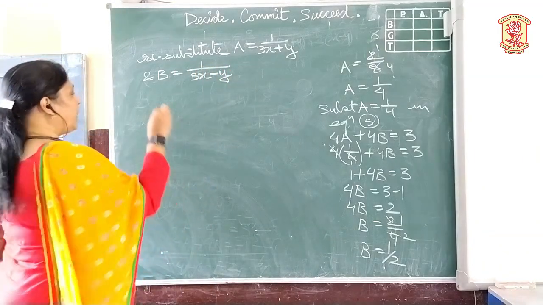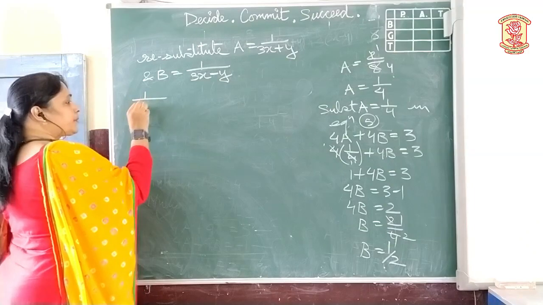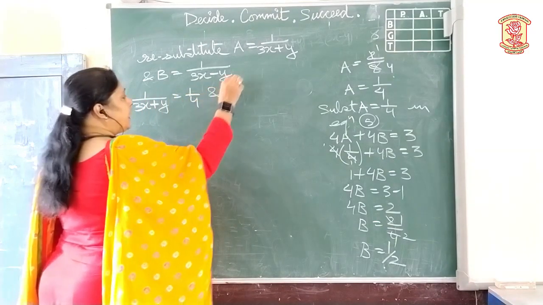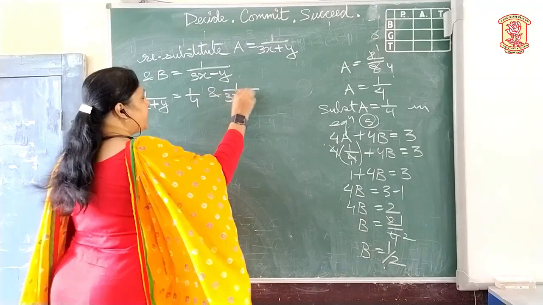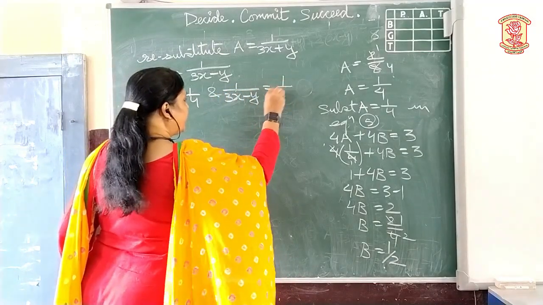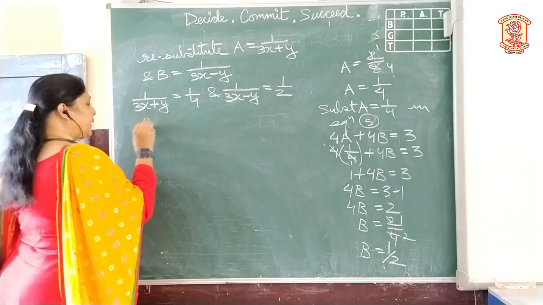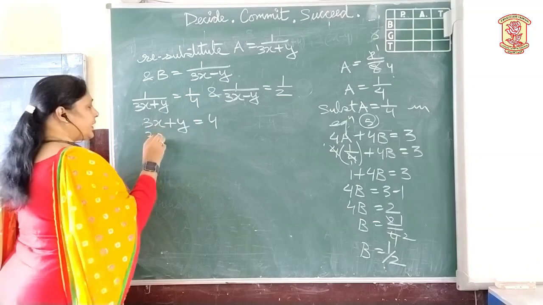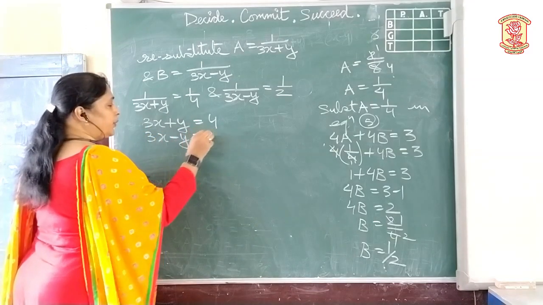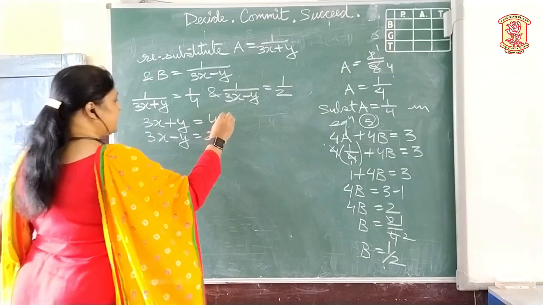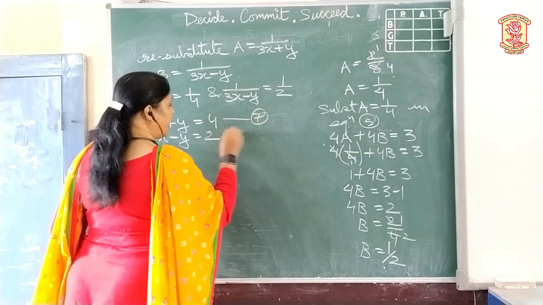So we get 1 upon 3x plus y equals 1 upon 4 and 1 upon 3x minus y equals 1 upon 2. So cross multiply and we get 3x plus y equals 4, 3x minus y equals 2. So this becomes the 7th and the 8th equation.